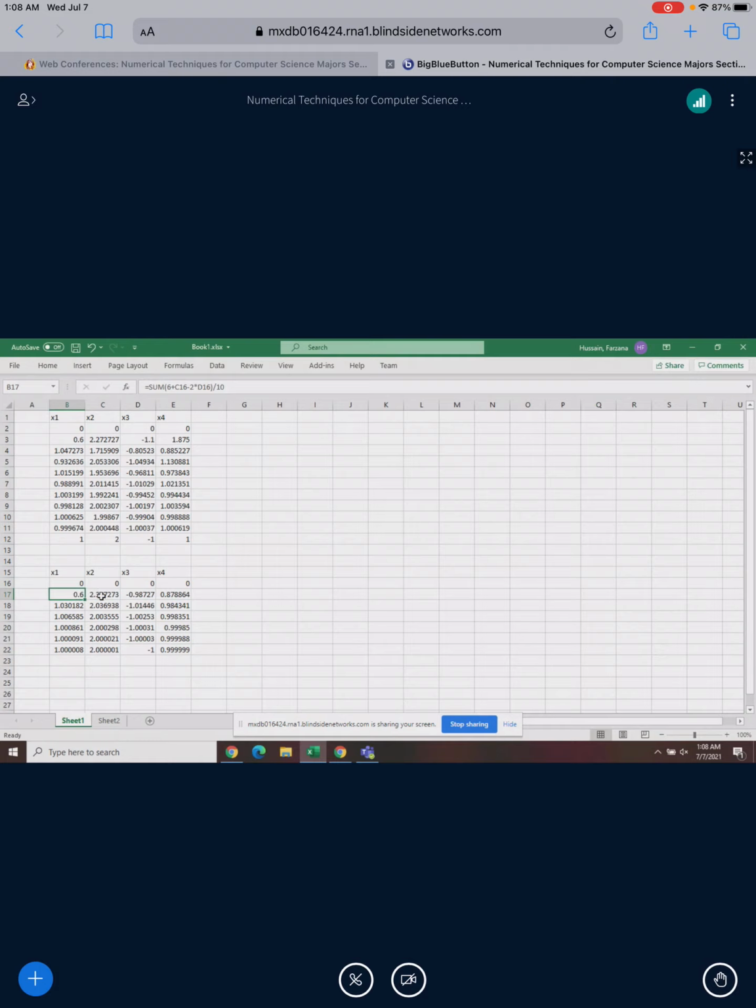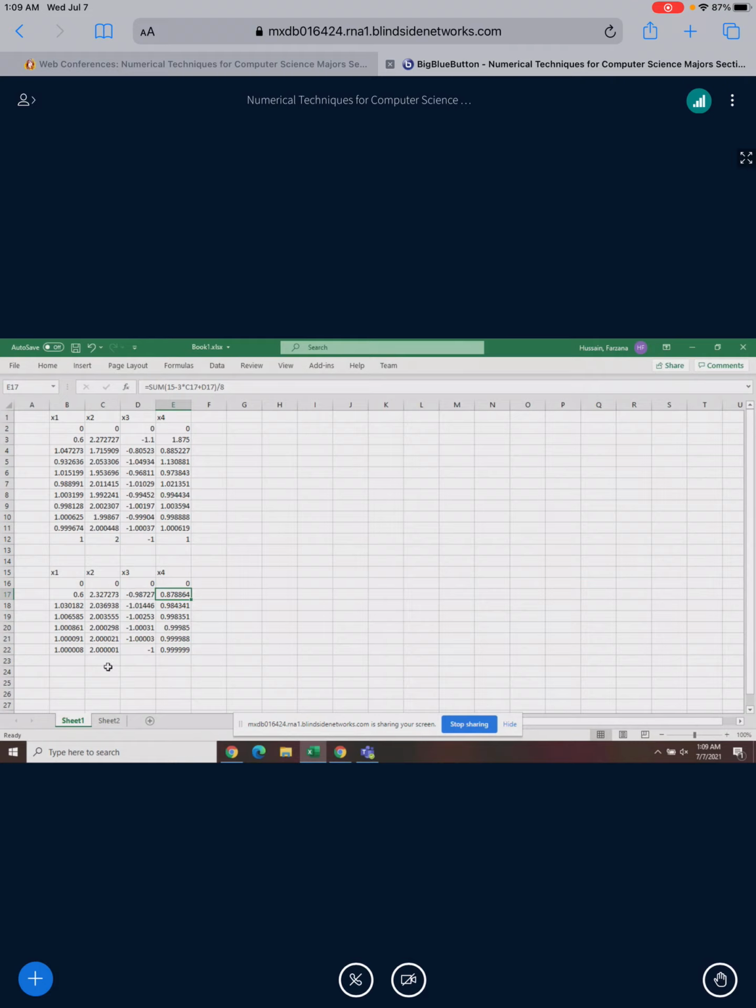And then when I am calculating x2, I have already calculated new x1, so I will use new x1 and old x3, x4. And then when I am calculating x3, I will use new x1, x2 and old x4. When I calculate x4, I will use all the new x1, x2, x3. So that will speed up my calculation.